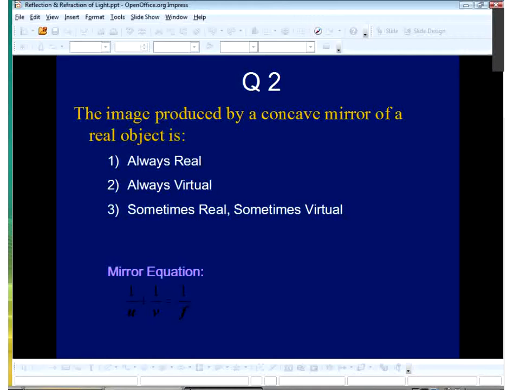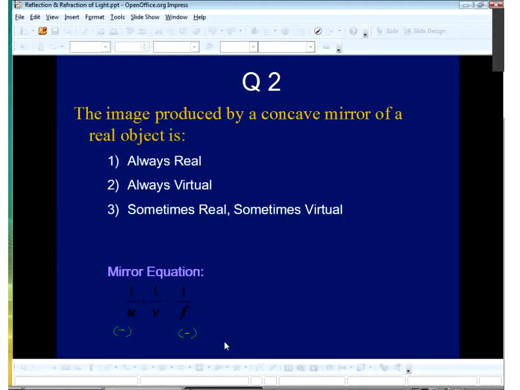And now, try to answer this question. Well, U is negative, left side, F is negative.